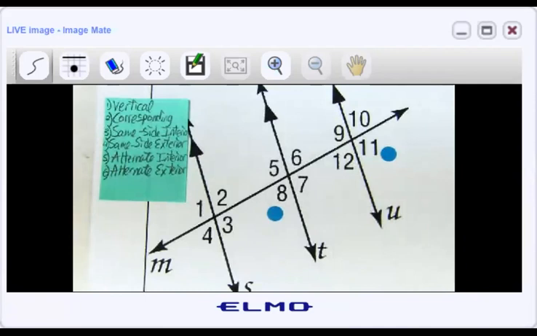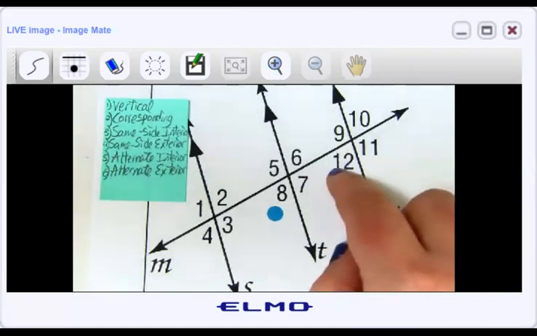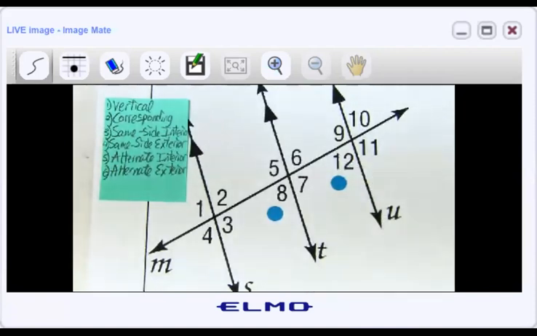Okay, Ryan, pick a number 1 to 12. 12. Okay, let's stick with 8 then. What are 12 and 8 to each other? Corresponding. Yes, corresponding. Same seat, different table. Very nice. Will, pick a number 1 to 12.